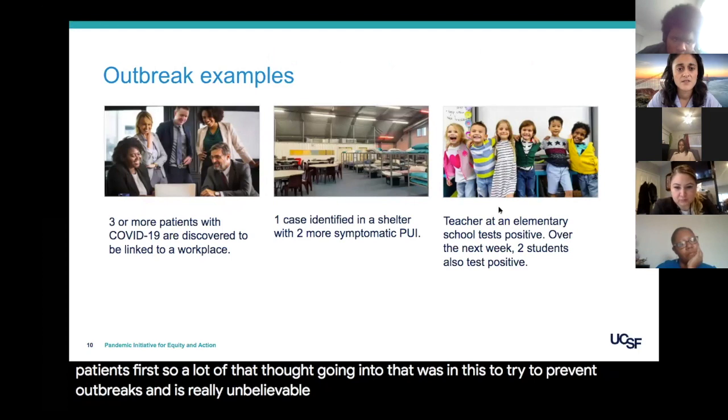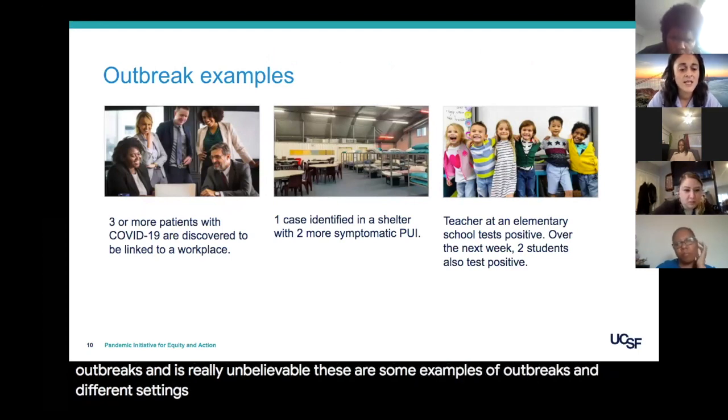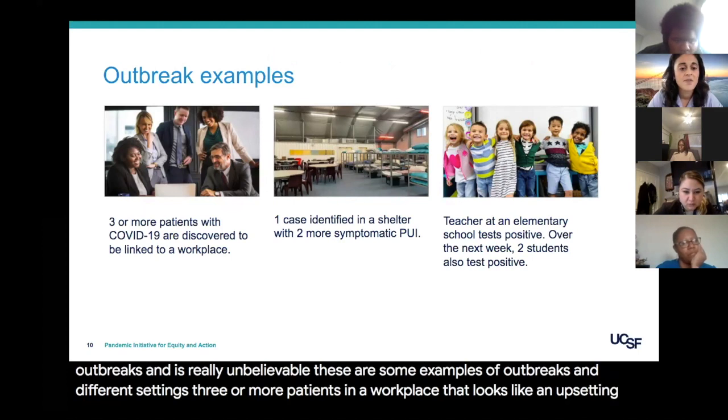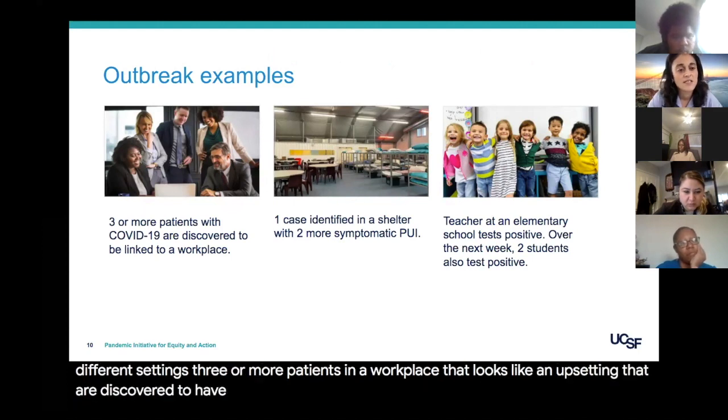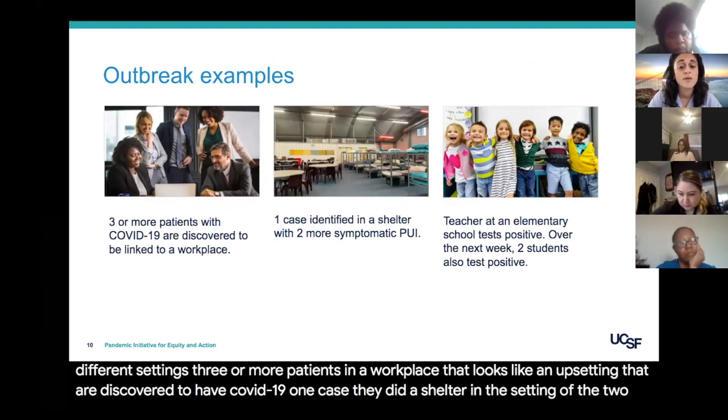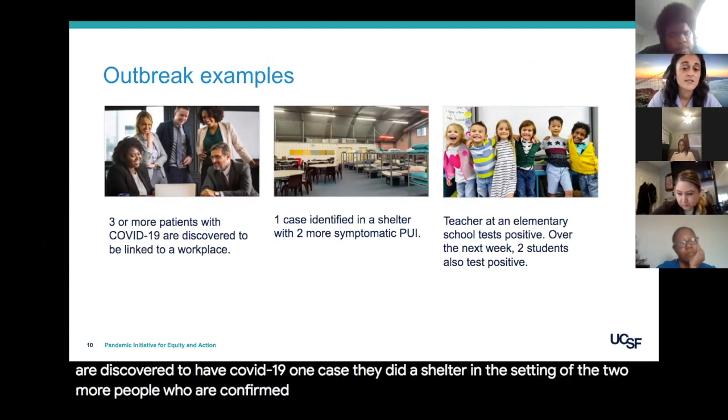So these are some examples of outbreaks in different settings. 3 or more people in a workplace that looks like an office setting who are discovered to have lab confirmed COVID-19. 1 case identified in a shelter in the setting of 2 more people who are confirmed cases and are symptomatic.